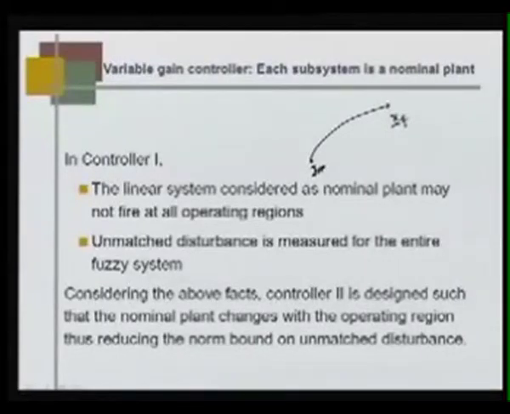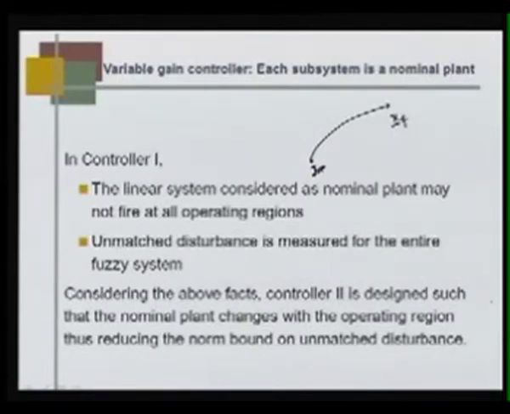So, that may not fit all the time as it moves. Unmatched disturbance is measured for the entire fuzzy system. Considering the above facts, controller 2 is designed such that the nominal plant changes with the operating region, thus reducing the norm bound on the unmatched disturbance.